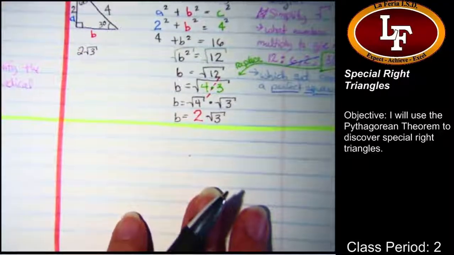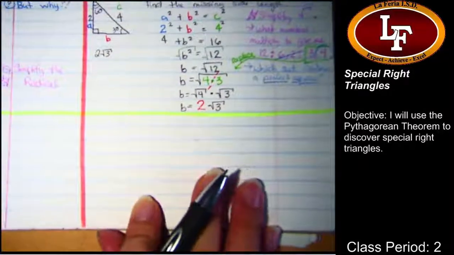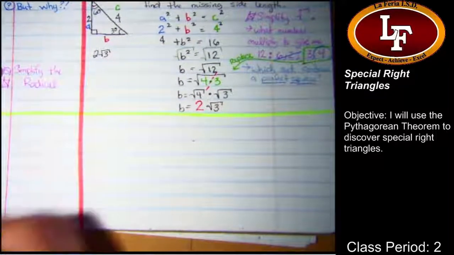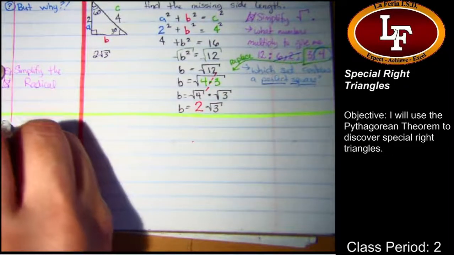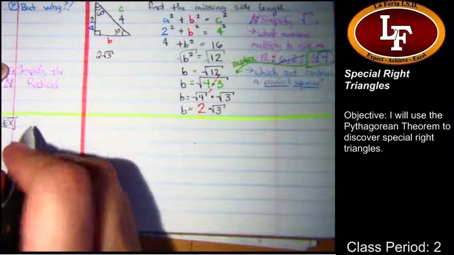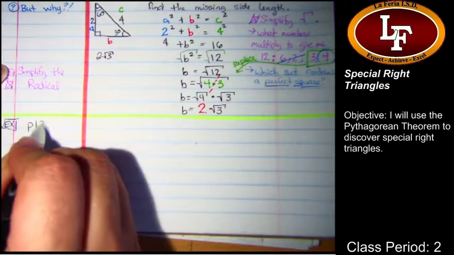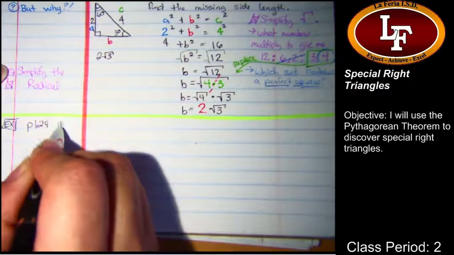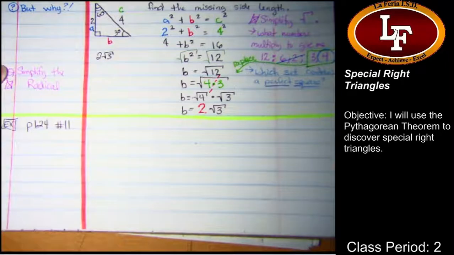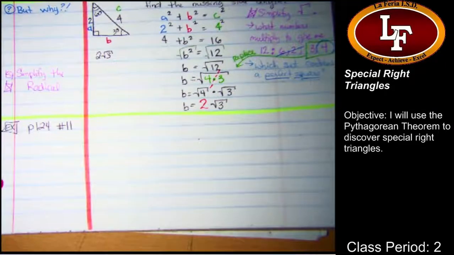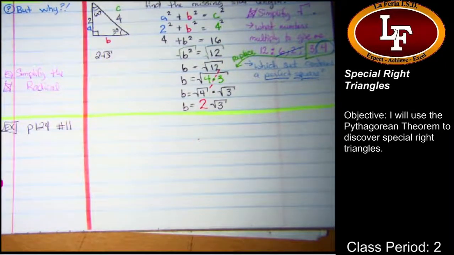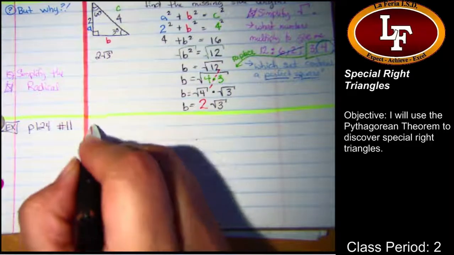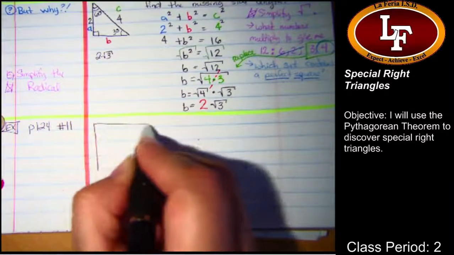Let's do an example straight from your workbook. So here's an example. It's coming to you directly from page 124, which is one of your new items that needs to be done. And this is question number 11. Question number 11 looks like this.